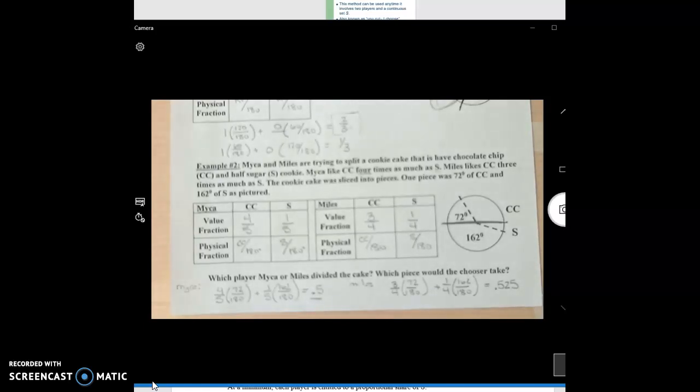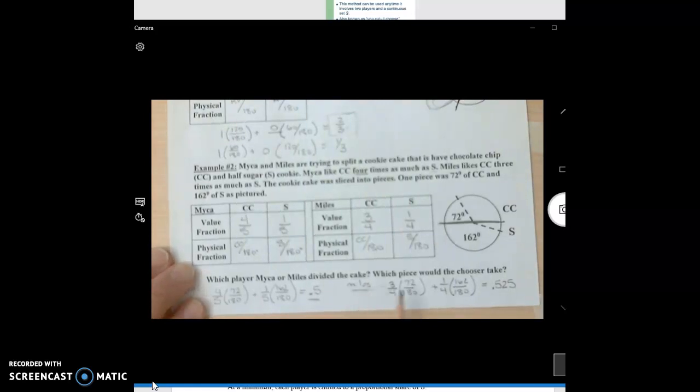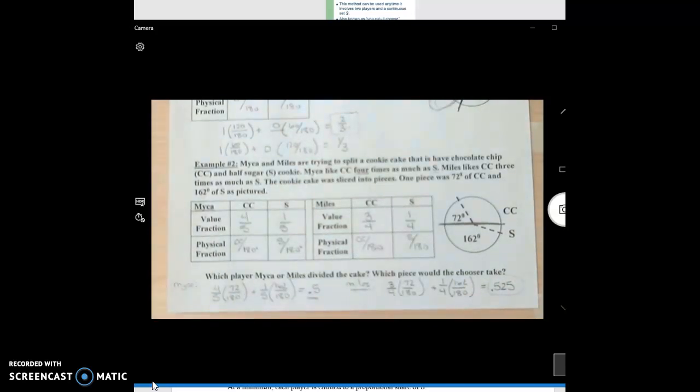Well, then my chooser has to be Miles. Because in this case, Miles ended up, in his opinion, getting 52.5% of his fair share. So he ended up getting, in his view, more than 50%. So Micah would be the divider and Miles would be the chooser.